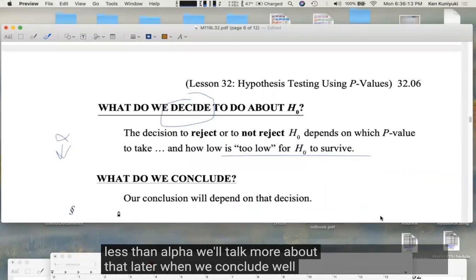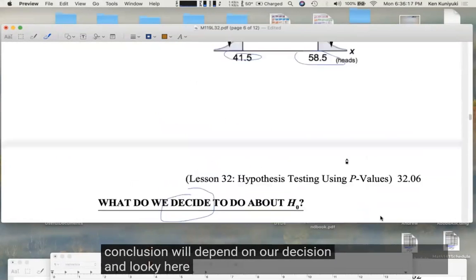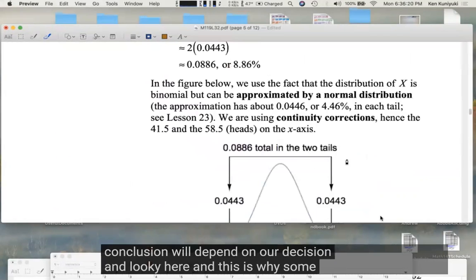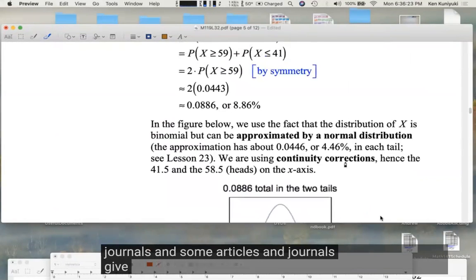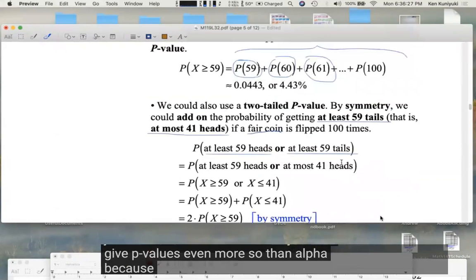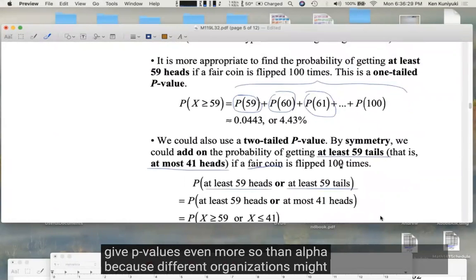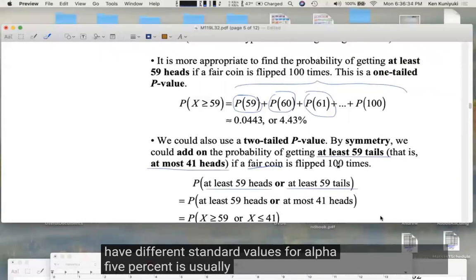What do we conclude? Well, our conclusion will depend on our decision. And looky here. This is why some journals and some articles in journals give p-values even more so than alpha, because different organizations might have different standard values for alpha. 5% is usually considered standard, but it's not universal.